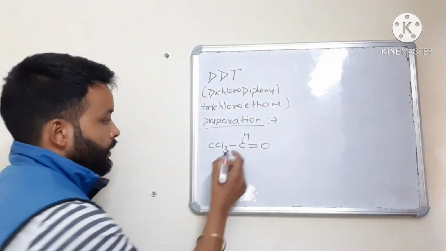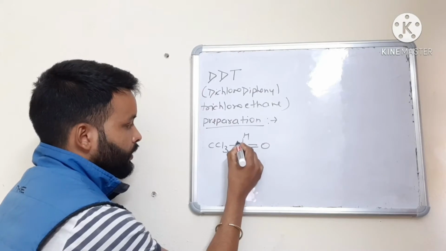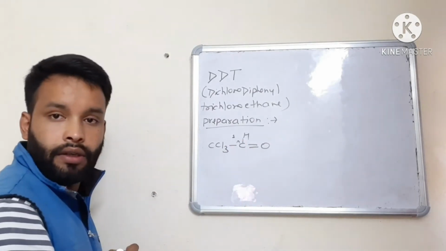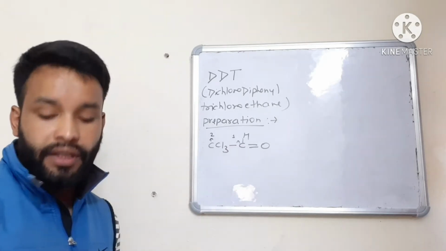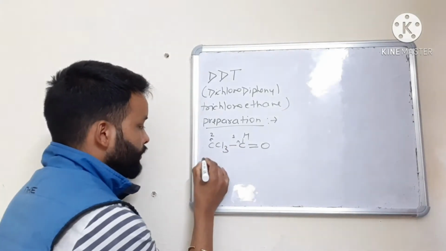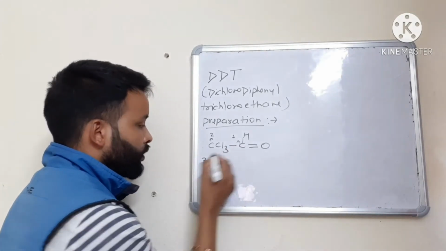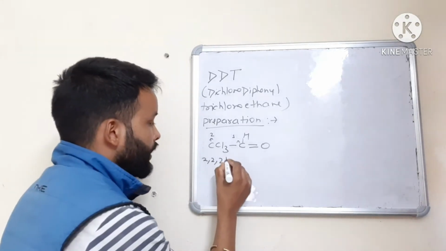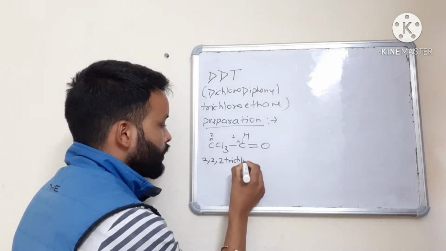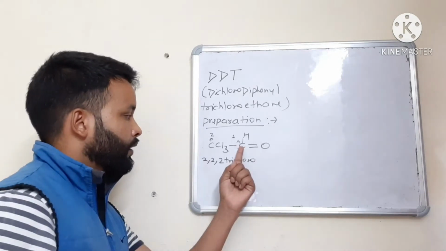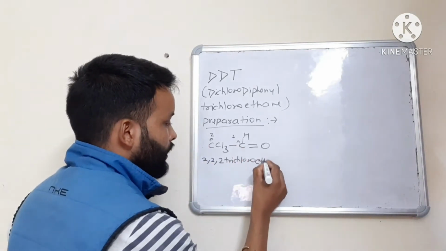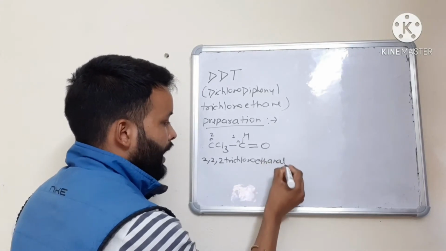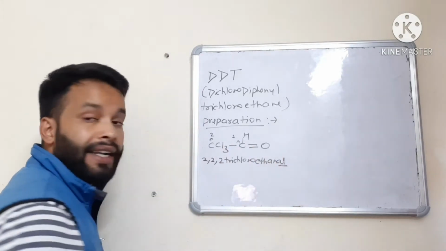So how many carbons are there? This is carbon number 1, and this is carbon number 2. In carbon number 2, 3 chlorines are there. So I'll write the name 2,2,2 because 3 chlorines are there, trichloro, and eth because 2 carbons are there, and al for the aldehyde group.